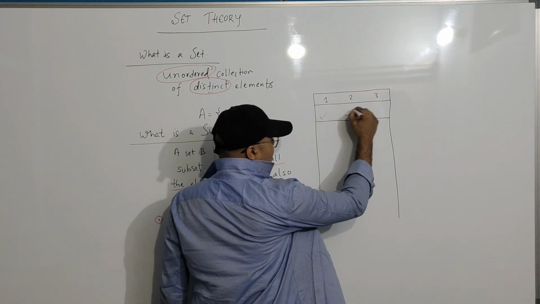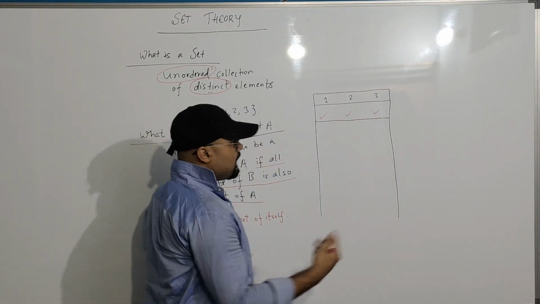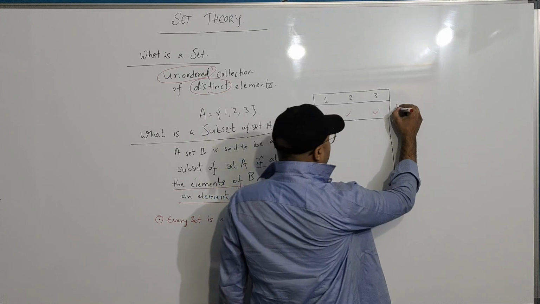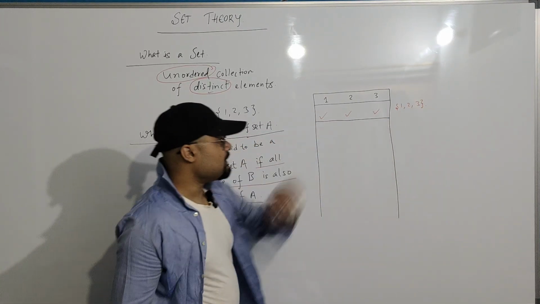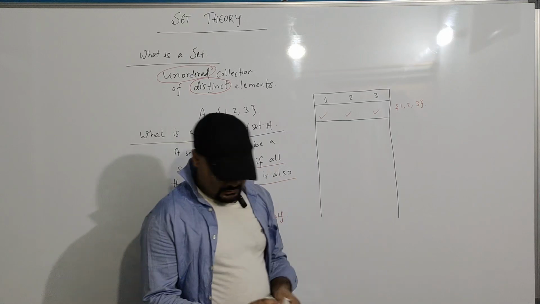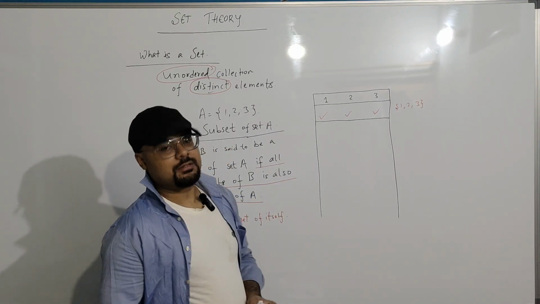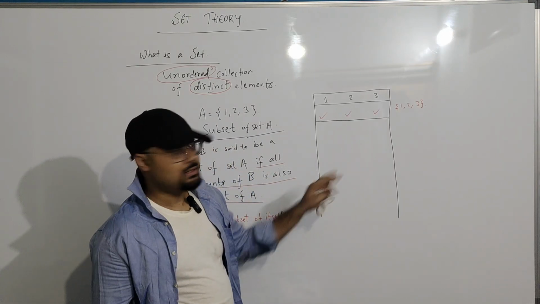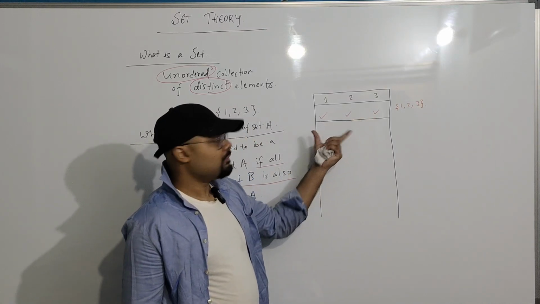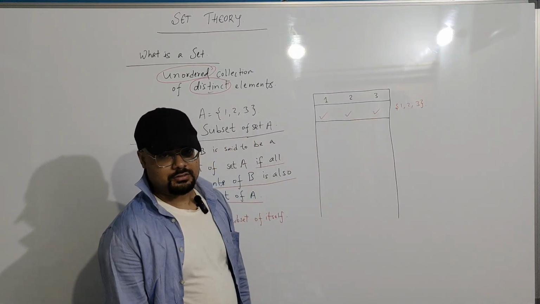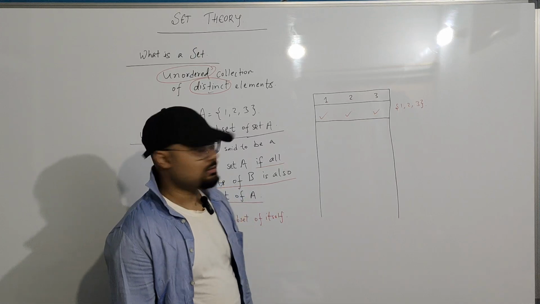If I choose every element of A, then what we get is the set 1, 2, 3, which is nothing but the set itself. This is a trivial subset. One of the trivial subsets of a set is the set itself.